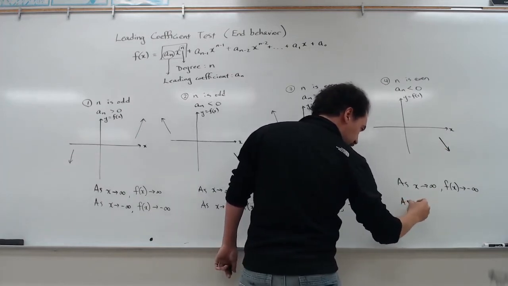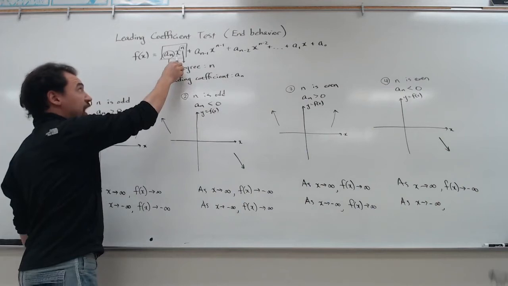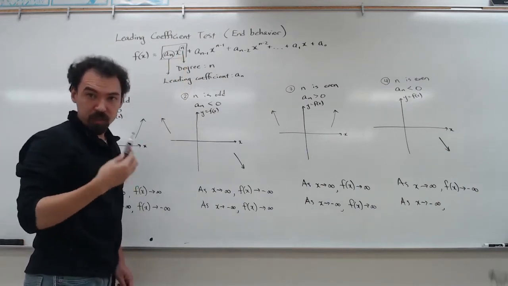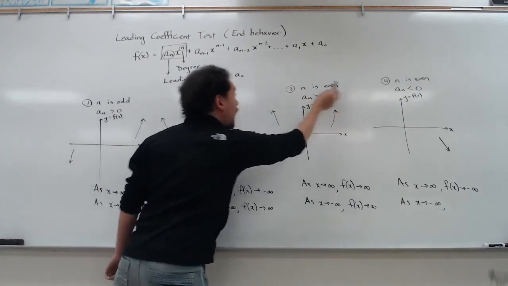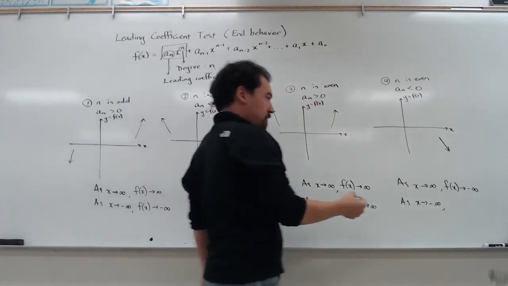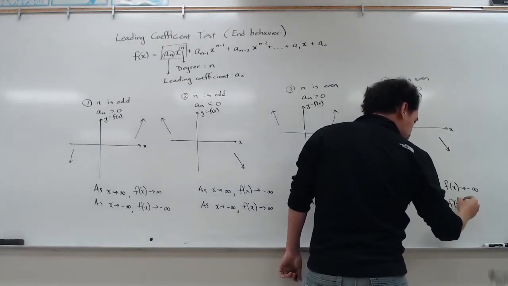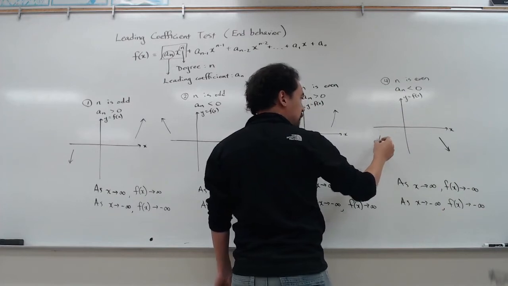Then, as x approaches negative infinity, so I have a negative number to an even power, which we know is positive. So we have a positive number here multiplied by a negative leading coefficient. Negative times positive is negative. So f of x goes to a very negative number. That means over here goes down.